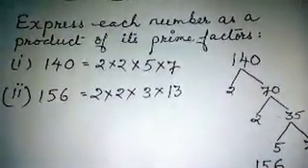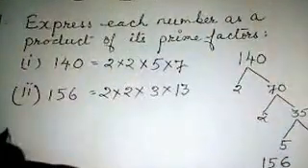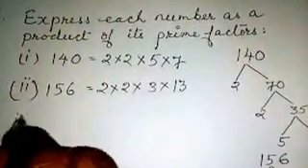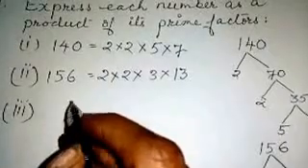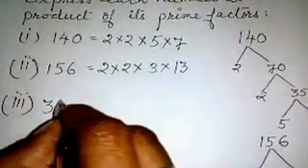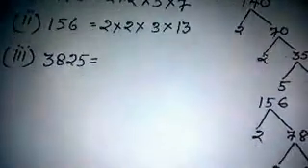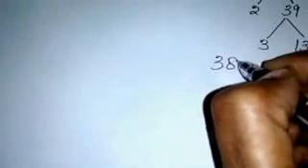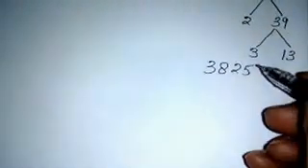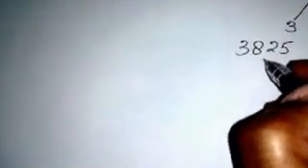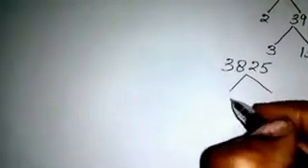Next number in the exercise, the third number, is 3825. Since it's ending with 5, let's start dividing by 5.